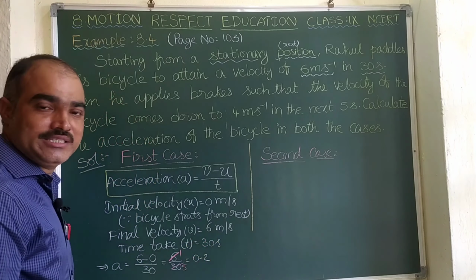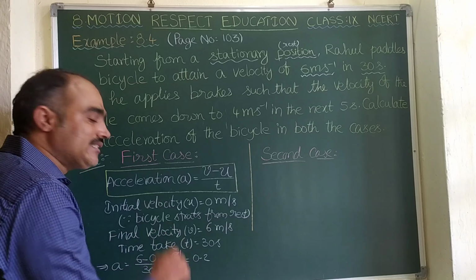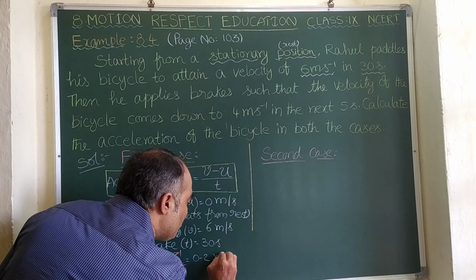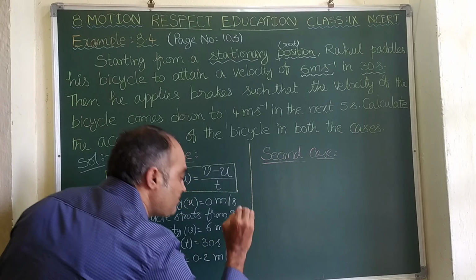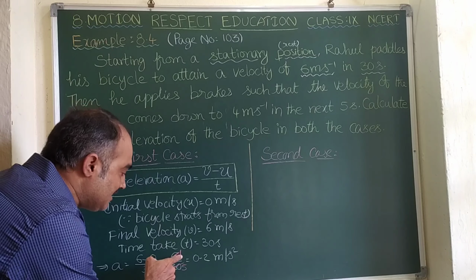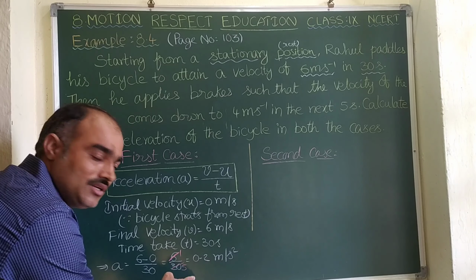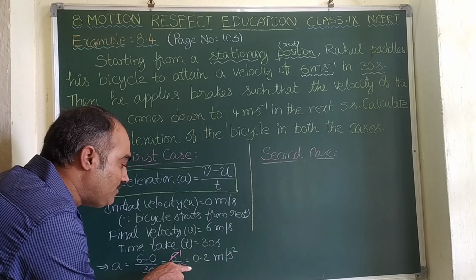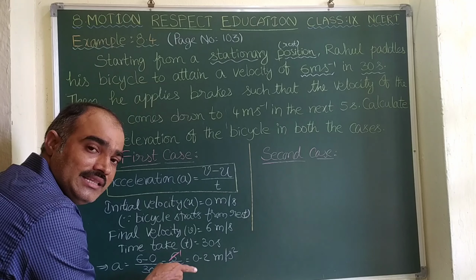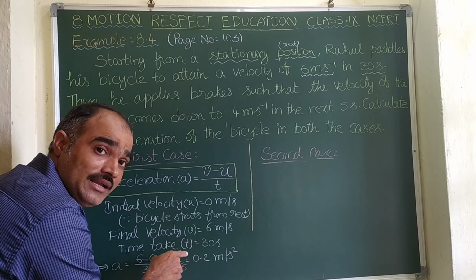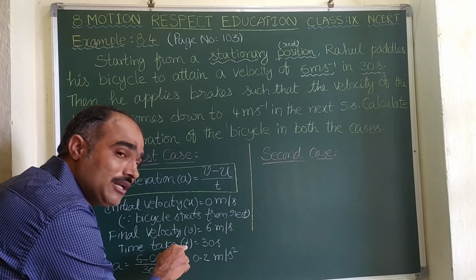Now what about the units? The unit for acceleration is meter per second square. How do we get it? This is meter per second divided by second. So when we take the reciprocal of the denominator, the second will come to the side of the meter per second.